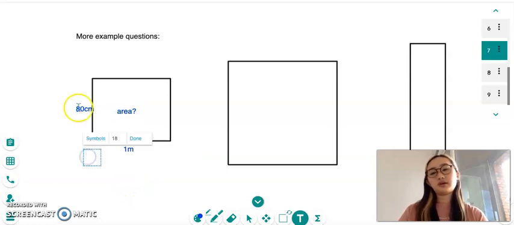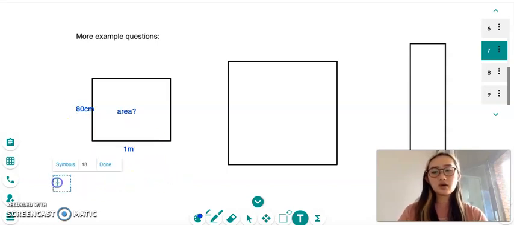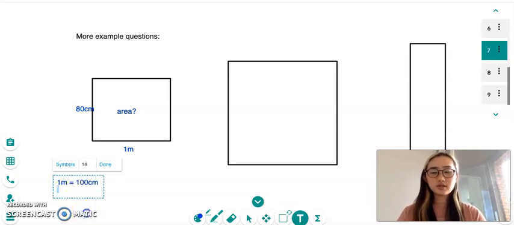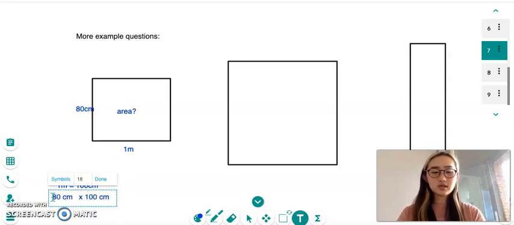We just have to either work it out in both centimetres or both metres. I think here we should do centimetres, so 1 metre equals 100 centimetres. That means that we can do 80 centimetres times 100 centimetres equals 8,000 centimetres squared.